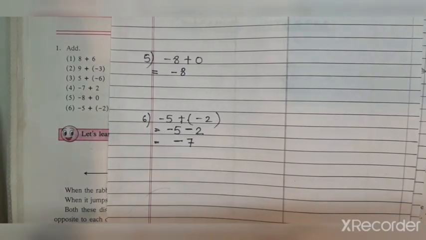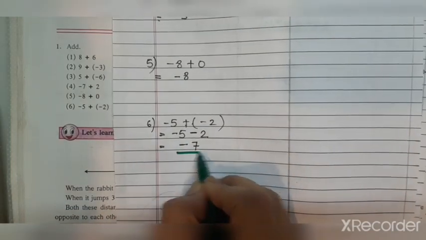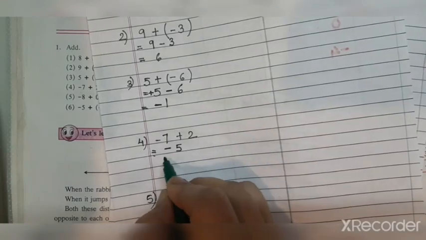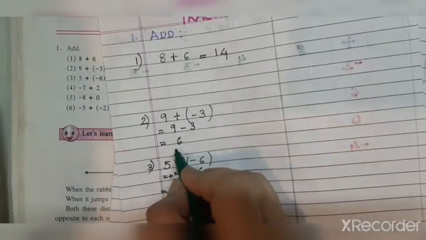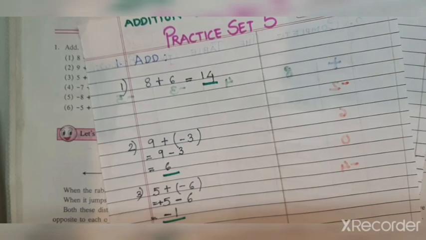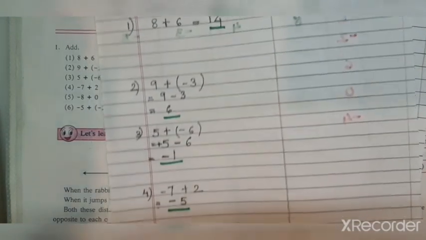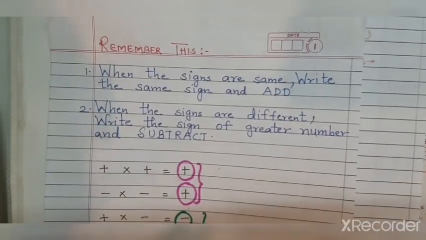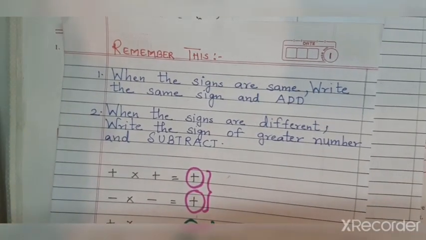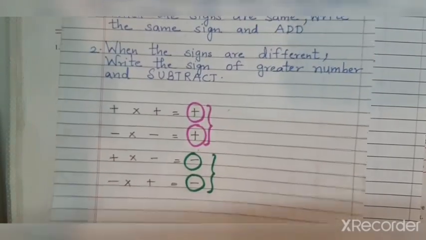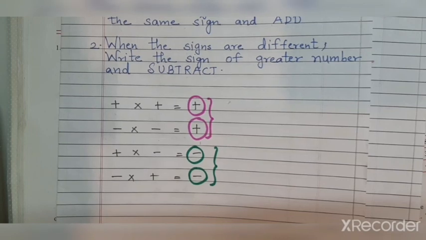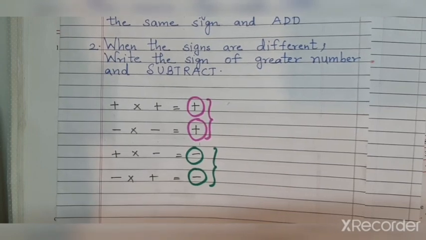I hope it is clear and it should be clear. We'll be solving more sums further, so that will make things clear for you. But again, I would like to tell you that please study these two statements which I mentioned, which will help you to solve any kind of calculations with integers, and this multiplication of the signs in order to solve the bracket, the signs which are there in the bracket.